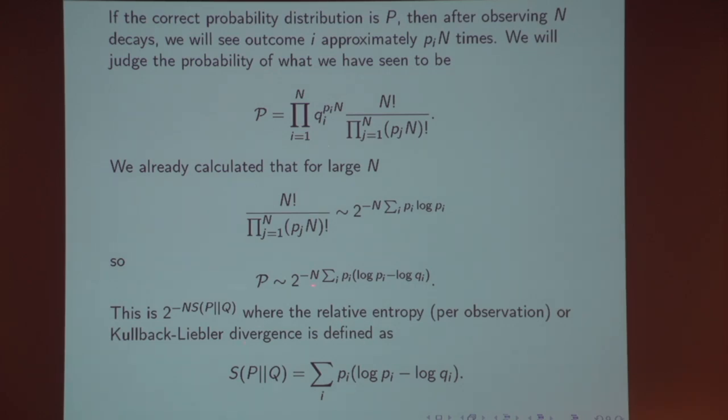Well, it's n times the relative entropy, also called by information theorists the divergence, and it's given by this formula. That's called the relative entropy between two probability distributions P and Q. It measures the ability to determine that if you have a hypothesis Q but the correct answer is P, it measures the ability to prove the initial hypothesis is wrong after n trials.